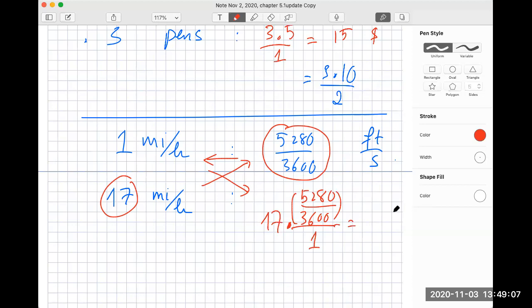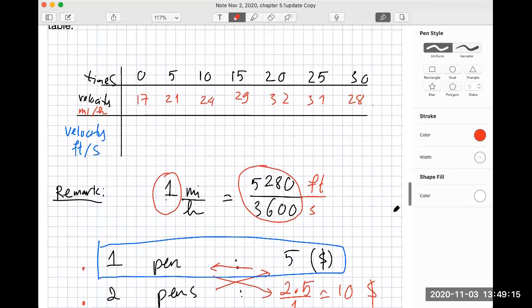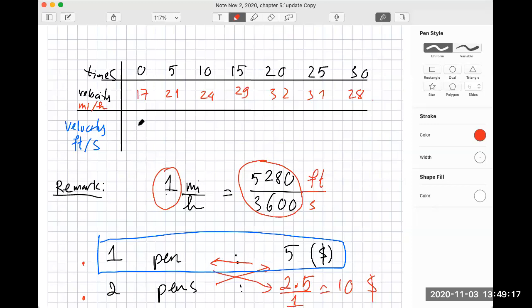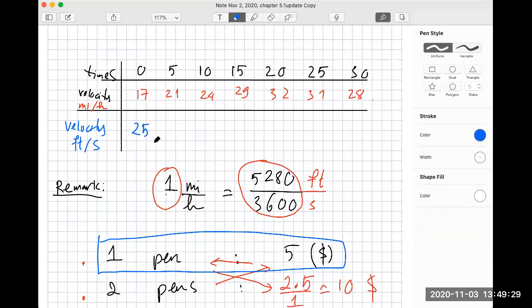Okay? Can you do it yourself and tell me what number you have here? Perfect. Or we approximate it and round it up a little bit. It will be 25 feet per second.